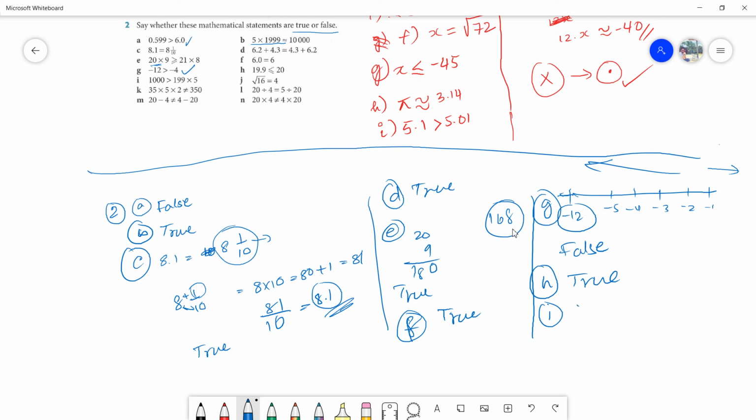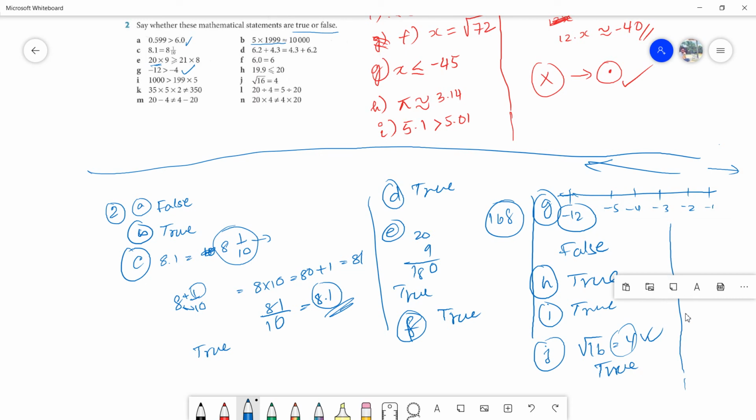You can check with a calculator, or you can just multiply and check it out. The numbers are very close. J, root 16 is equal to 4, so it's true, because when we take the square root of 16, we get the answer 4.